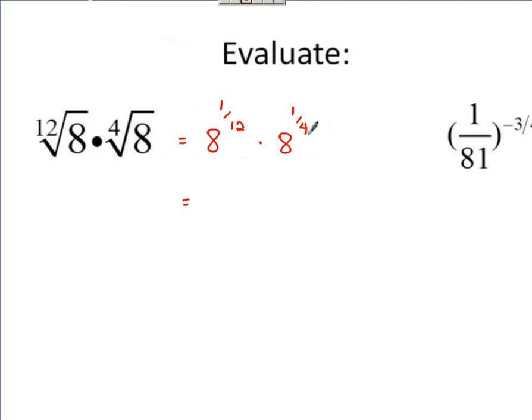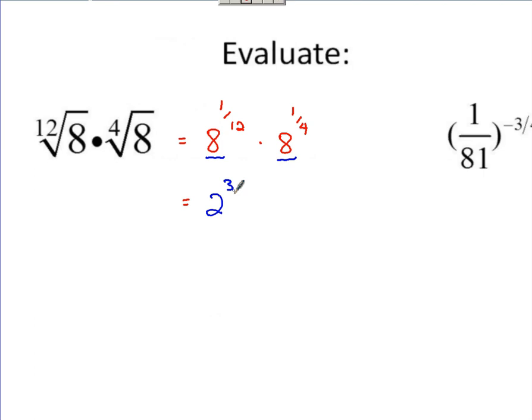But it'd be simpler if I took these 8s and I thought about a prime number raised to a power that gives me 8 back. So a prime number like 2 raised to the 3rd power, right? That would give me 8 back.